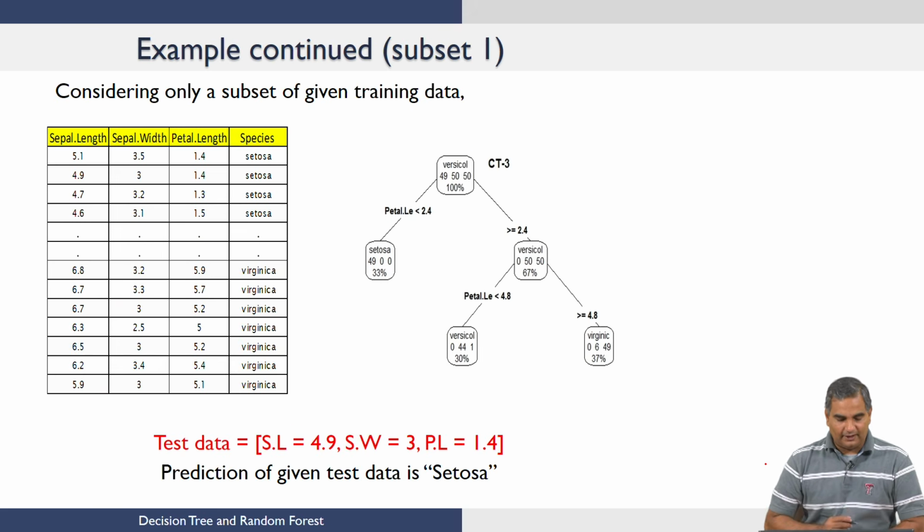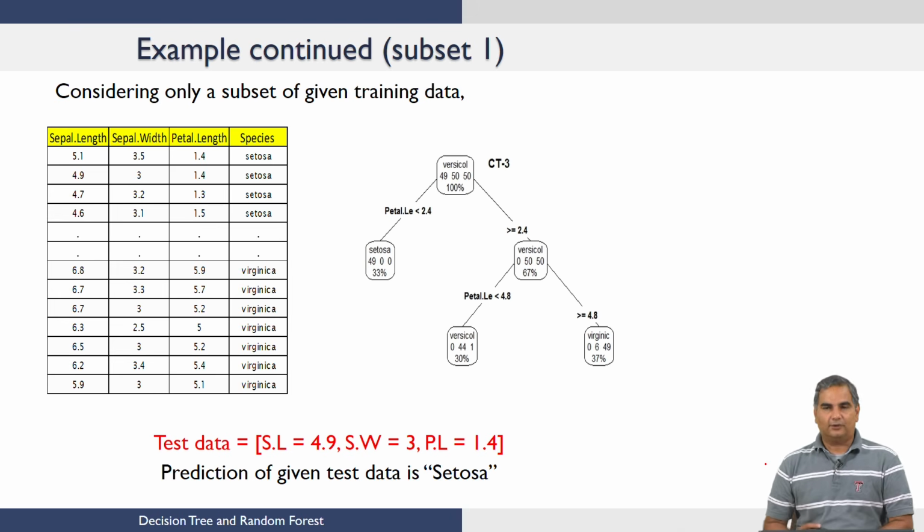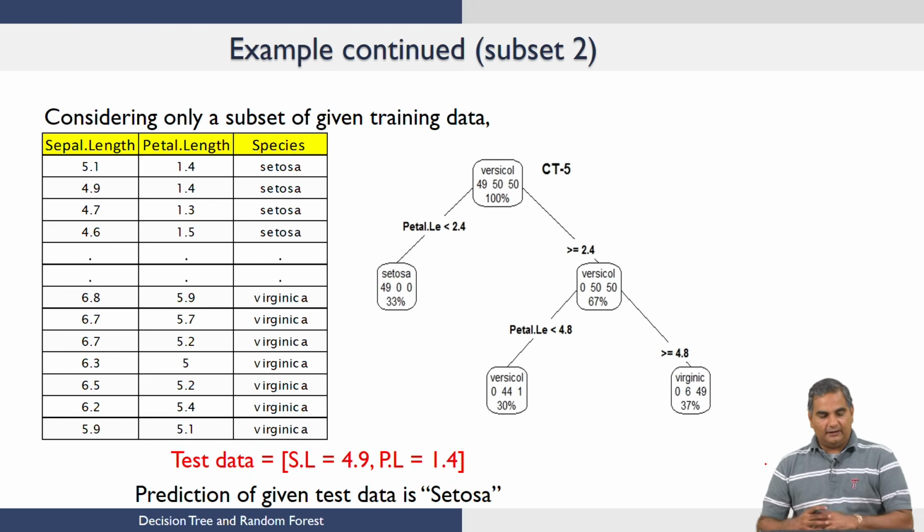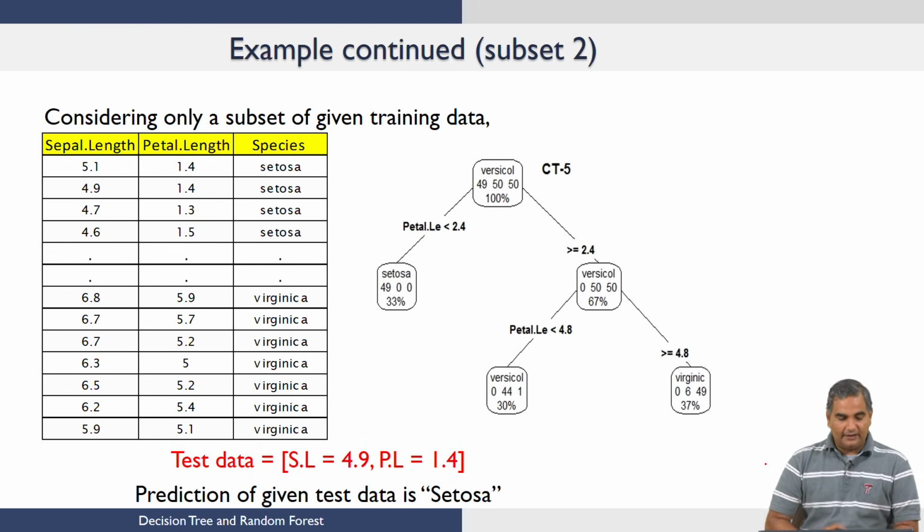So, for example, here you might get one subset of data where you only keep sepal length, sepal width and petal length, and then build a tree. And let us say you have a new test data point, and let us say this tree predicts setosa. Now, you could have built another tree with only sepal length and petal length, and that is another decision tree, and when you give a new data point, you only pick the sepal and petal length attributes of that and run it through this tree, and let us say that is also saying it is setosa.